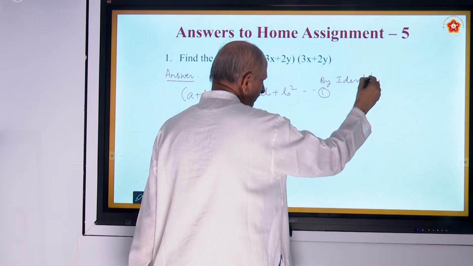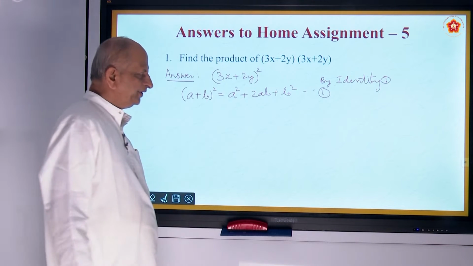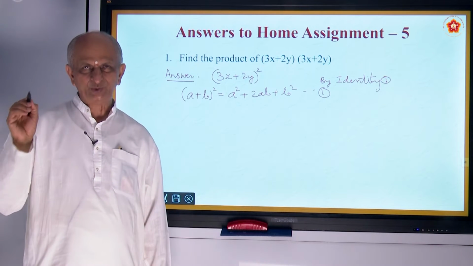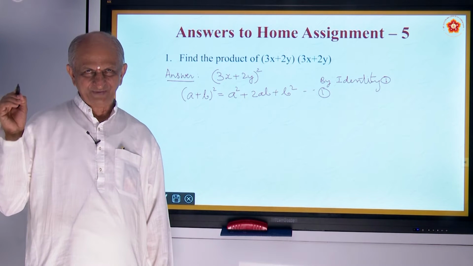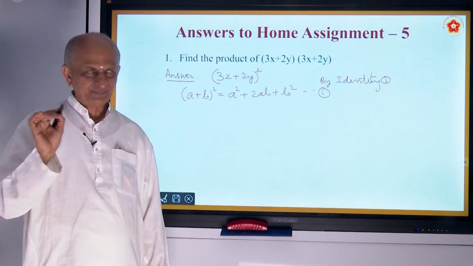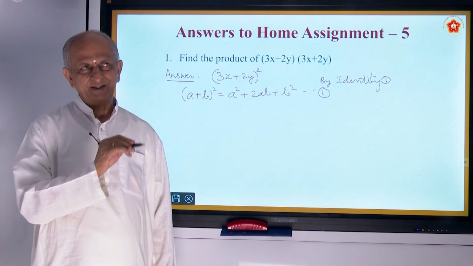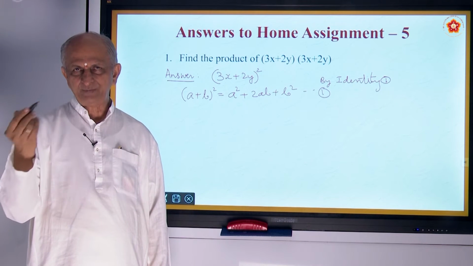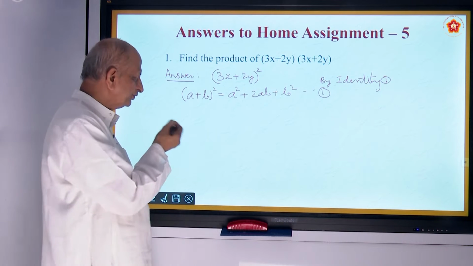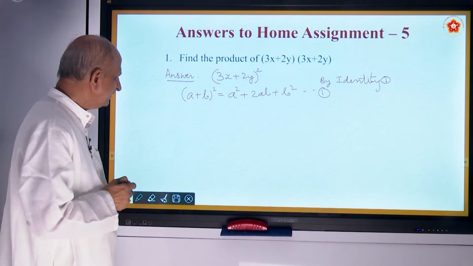Why is it called an identity? Because it is true for all values. If we take a is equal to 5, b is equal to 3, this formula holds good. Suppose you make a is equal to minus 2, b is equal to minus 10, then also the formula holds good. That's why it's called an identity.